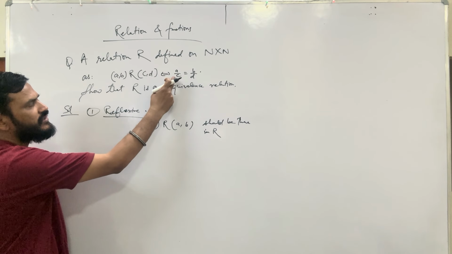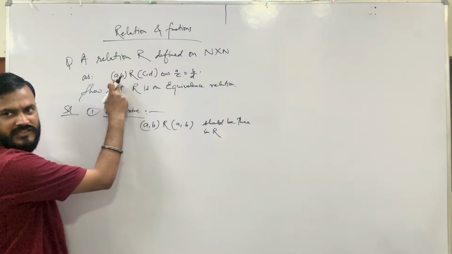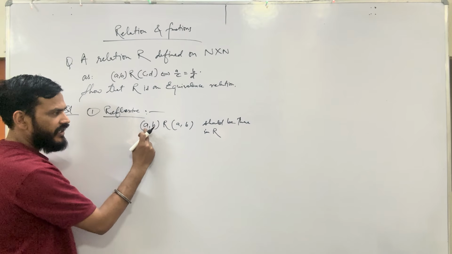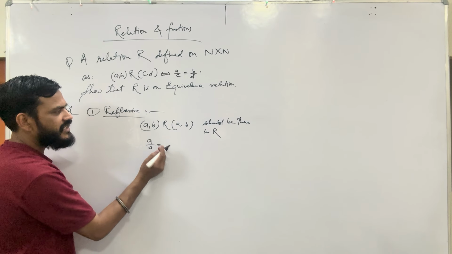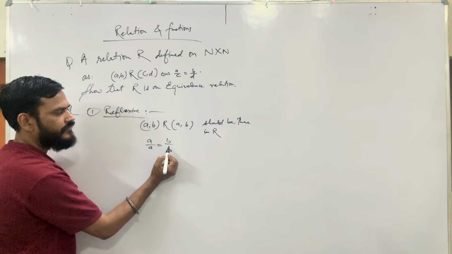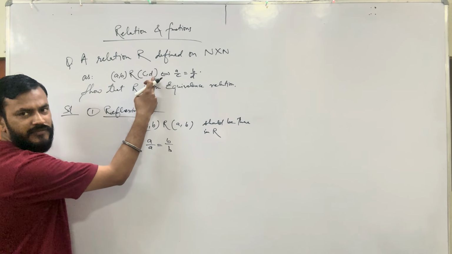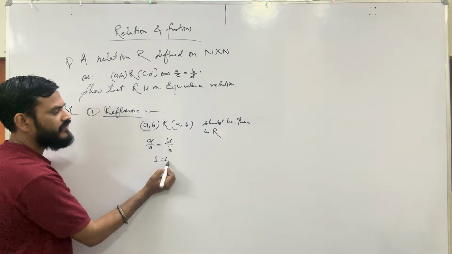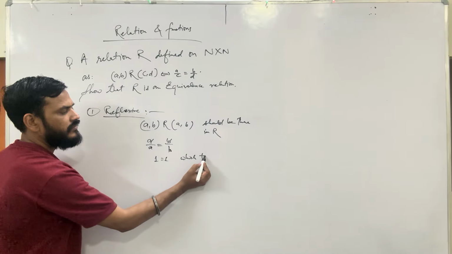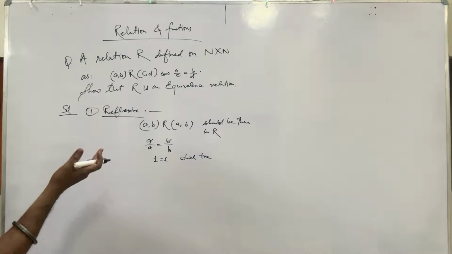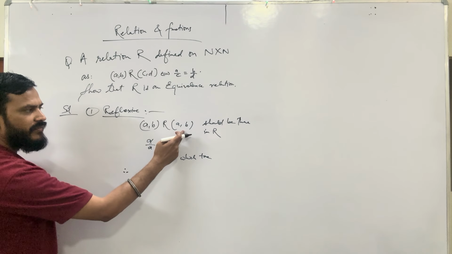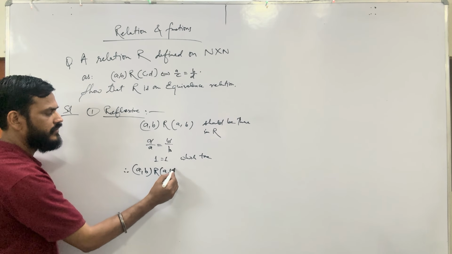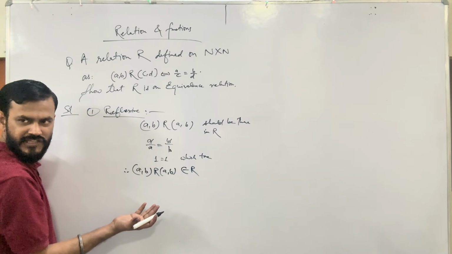Now you see, a/c means the first element of the first ordered pair divided by the first element of the second ordered pair. So a/a must equal b/b, the second element divided by the second element of the second ordered pair. So if you solve it, is 1 equal to 1, which is true. Like 1 is equal to 1, right? So it is true. Therefore, (a, b), (a, b) belongs to R. It's there in your relation.